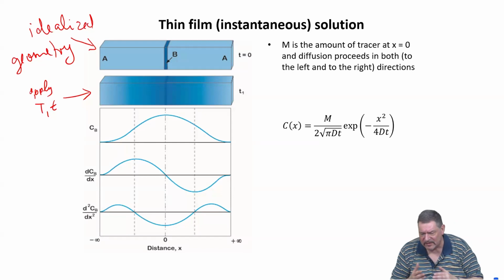And then, since B is only available as a thin film, it means it's a finite amount of atoms.